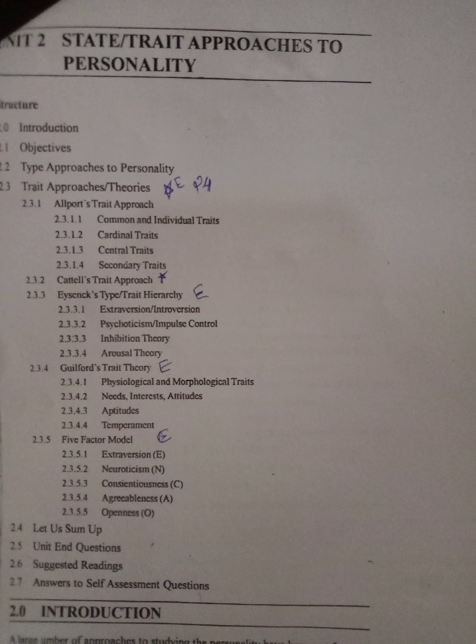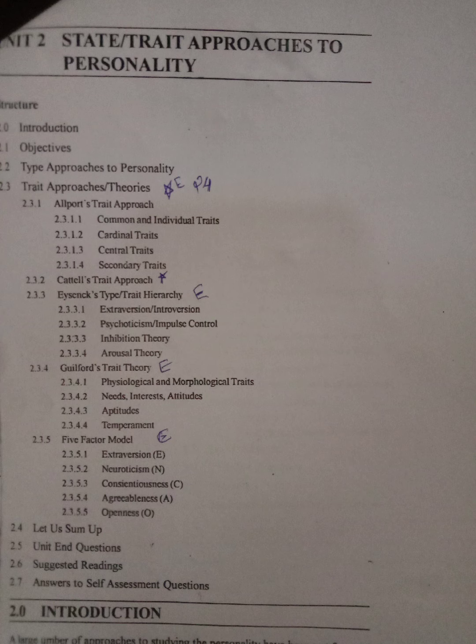Need is motivation for action, interest is cause of behavior, and attitude leads to social action. Third point is aptitude. Aptitude means performance; it leads to the performance of a person. There is perceptual aptitude, psychomotor aptitude, and intelligence. In perceptual aptitude, there is sensitivity. Psychomotor aptitude, for example, is dance.